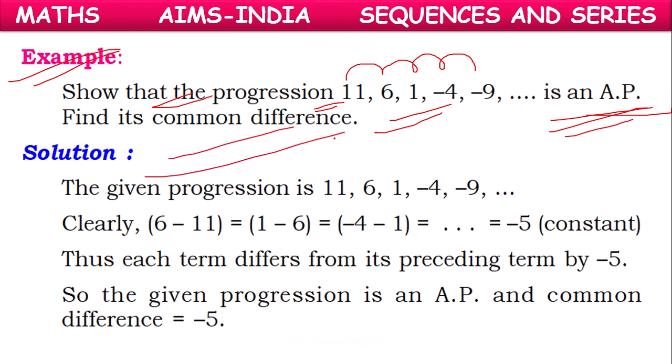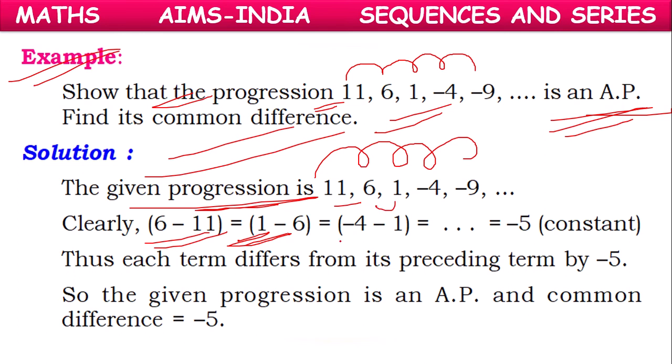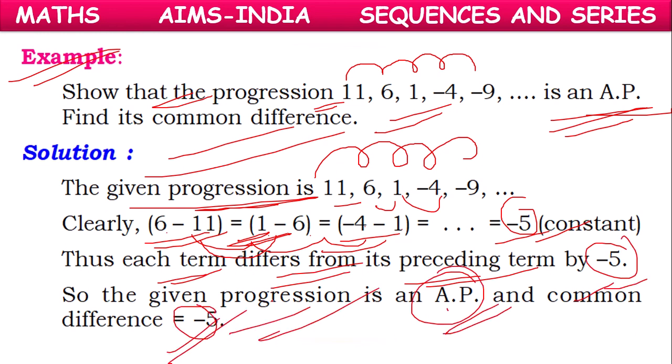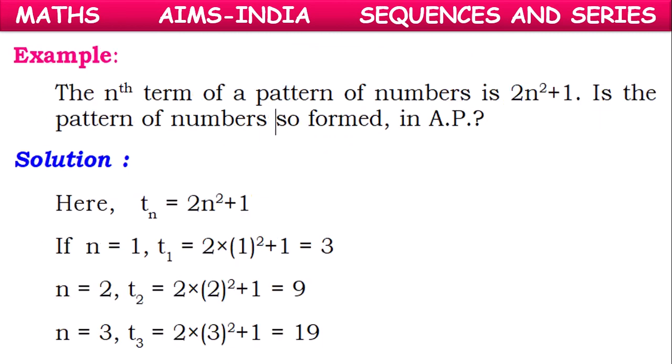If we take the difference of any two terms, A2 minus A1, A3 minus A2, or A4 minus A3, that is 6 minus 11, 1 minus 6, minus 4 minus 1, the difference is constant, equal to minus 5. So each term differs from its preceding term by minus 5. So the given progression is an AP and the common difference is minus 5.